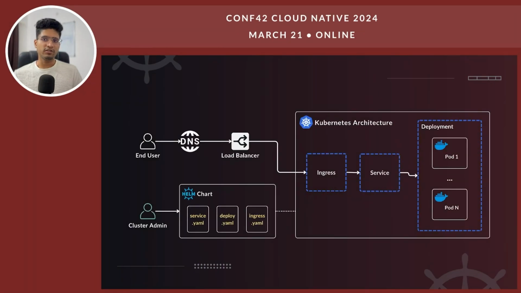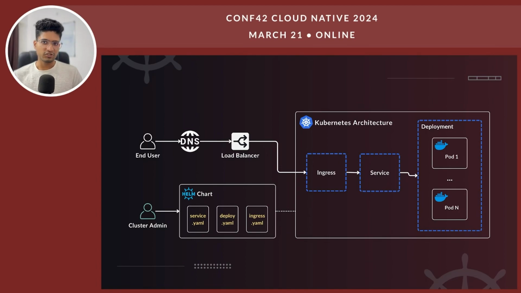Before diving into the different deployment strategies that are out there, first let's take a look at the basic architecture of an application running on a Kubernetes cluster. So when a user is interacting with your application, it does that through the DNS, which routes the traffic to the load balancer, which then routes it to the ingress of Kubernetes.